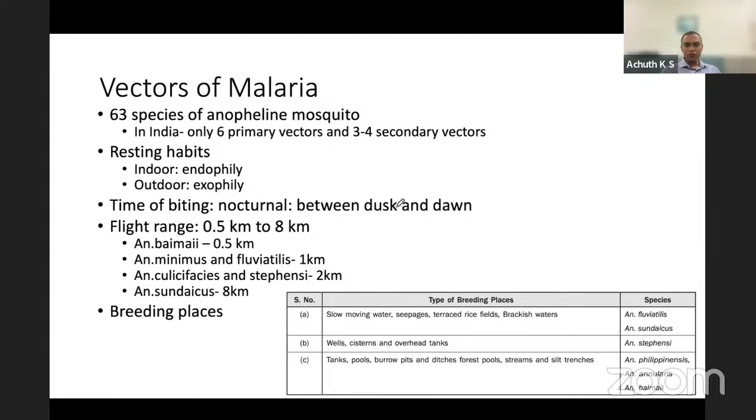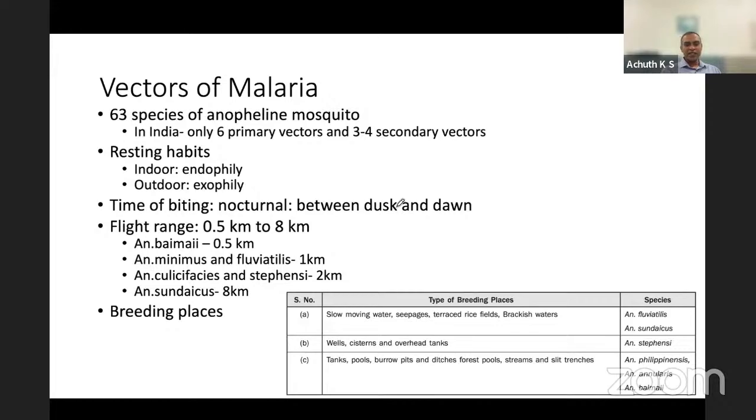Most common species are Fluviatilis and Sundaicus. The other places are wells, cisterns, and overhead tanks, where Stephensi is more common. Pools, burrow pits, slit trenches: in these, Philippinensis, annularis, and culicifacies are common.